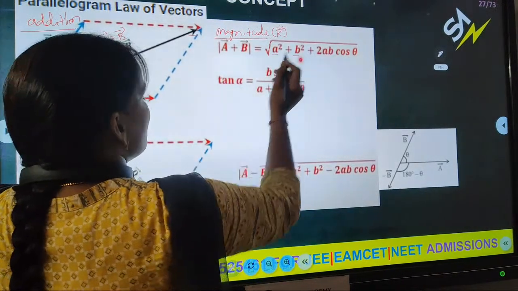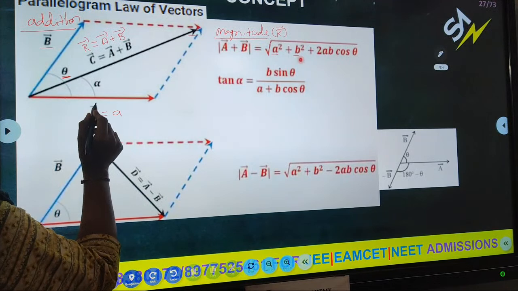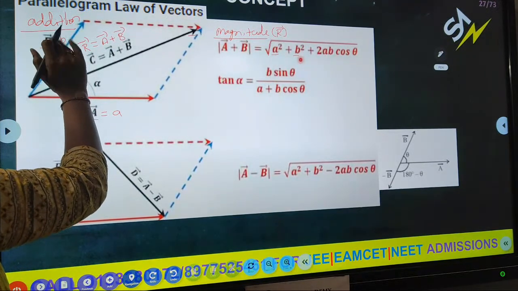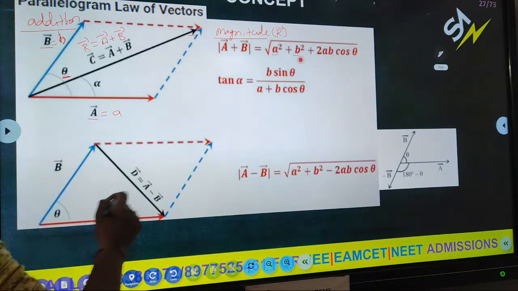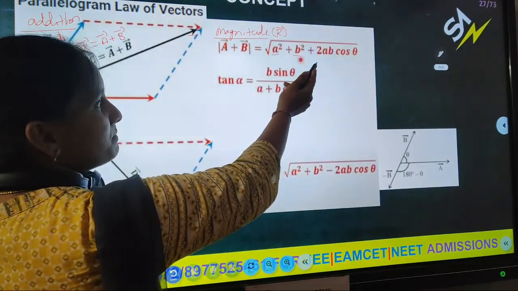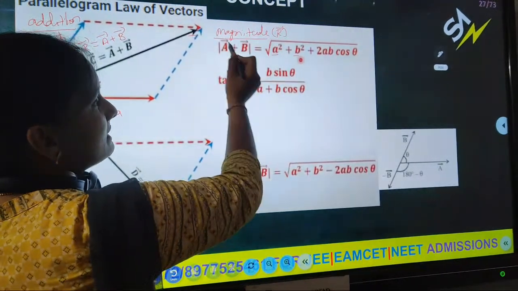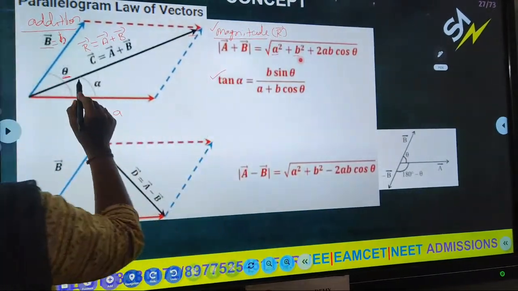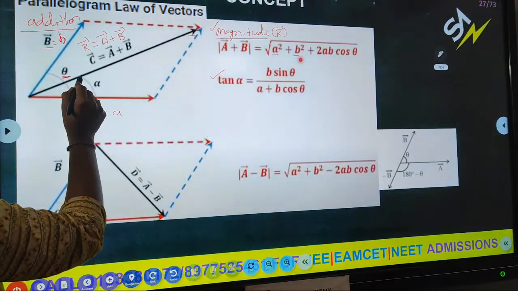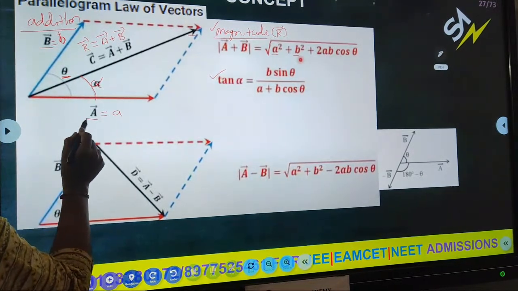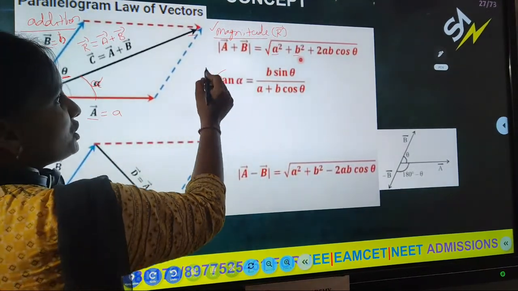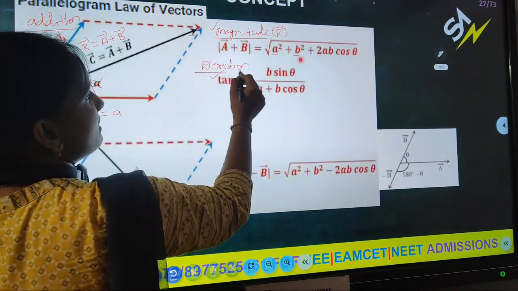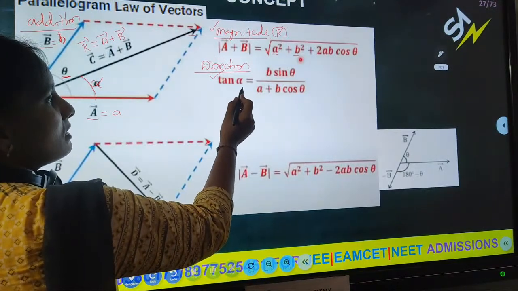Here A, B are the magnitudes of vector A bar and vector B bar. So the square root of A square plus B square plus 2AB cos theta is the magnitude of the resultant, and if this resultant vector makes angle alpha with the vector A, then to find the direction of the resultant we use tan.